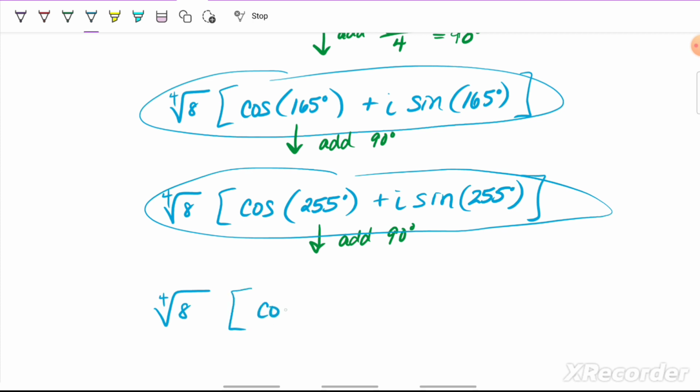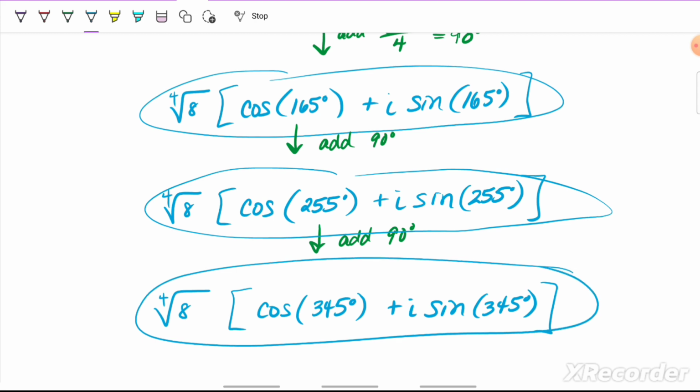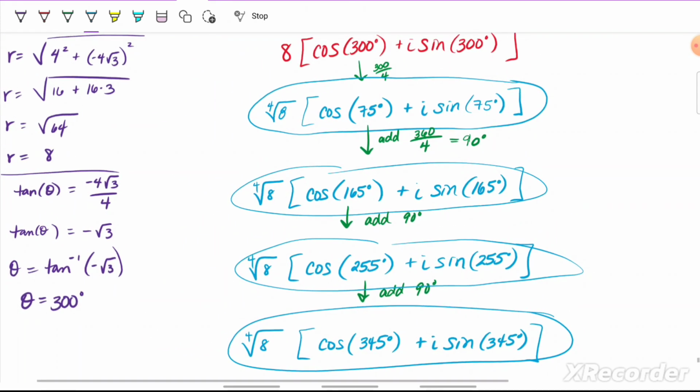We get the 4th root of 8 times cosine of 345 degrees plus i sine of 345 degrees. And those are our 4 complex 4th roots in polar form.